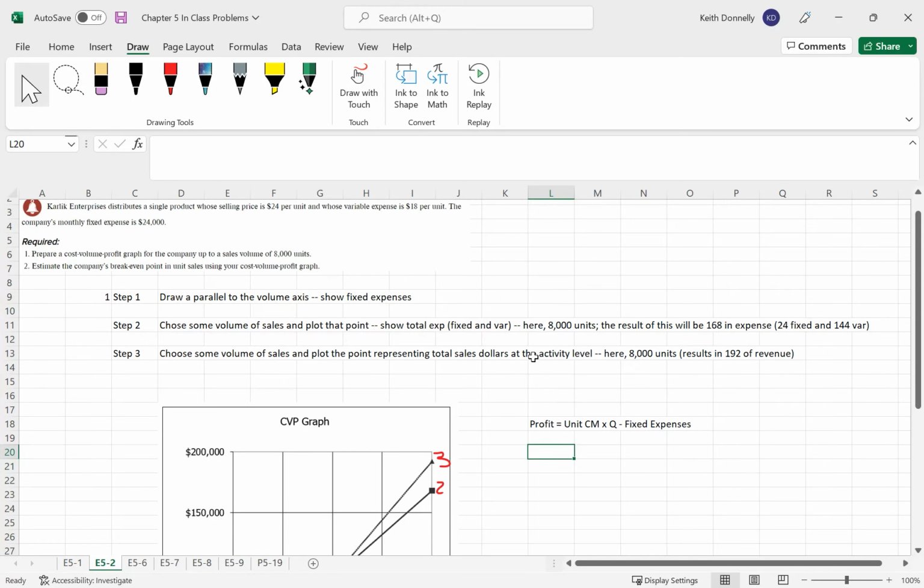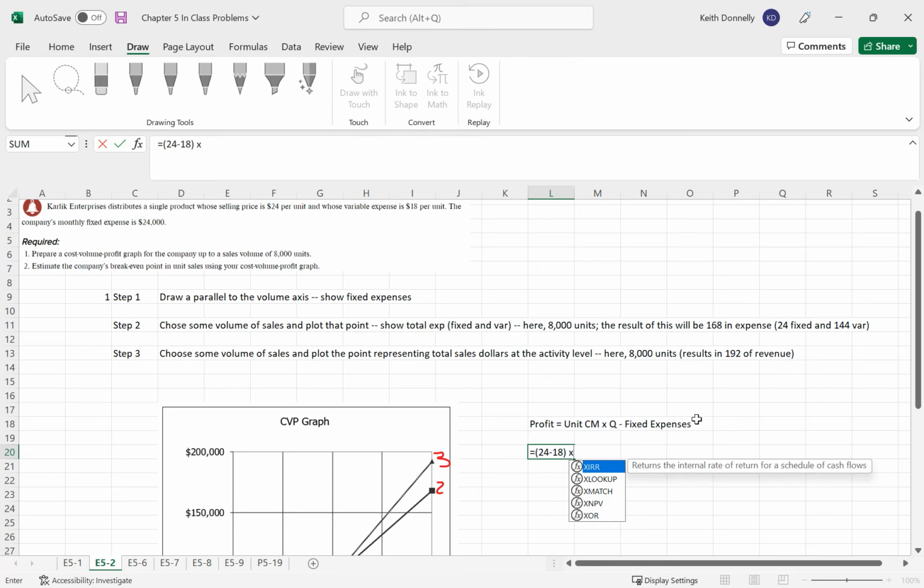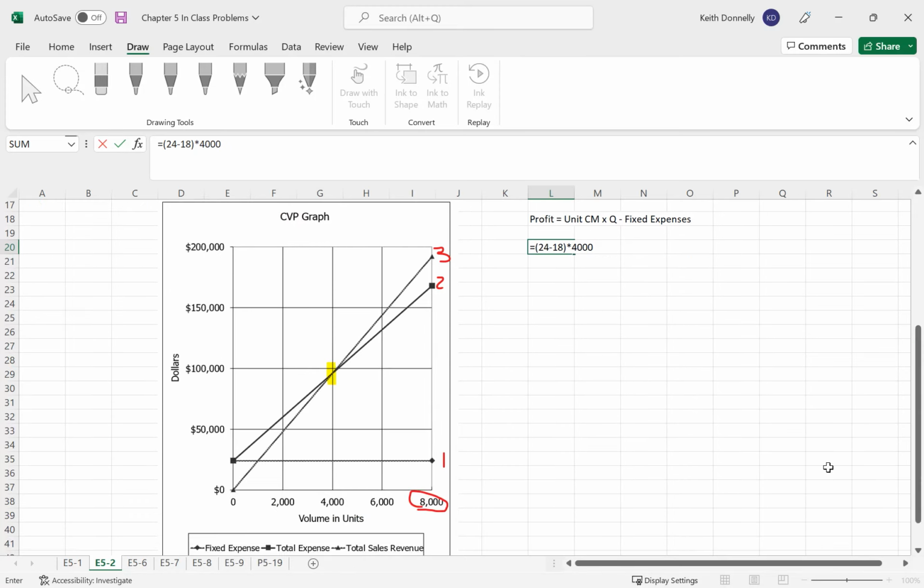So in this case, it looks like our unit contribution margin is going to equal 24 minus 18 and times the quantity of 4,000. That's where we land up right there.